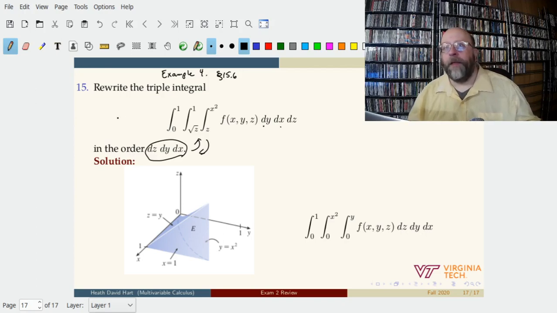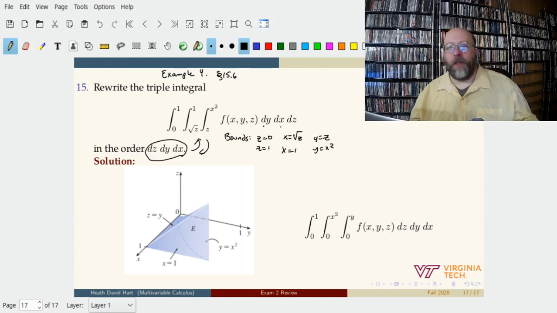Okay? My boundaries are z equals 0, z equals 1, x equals square root of z, and x equals 1, and y equals z, and y equals x squared.